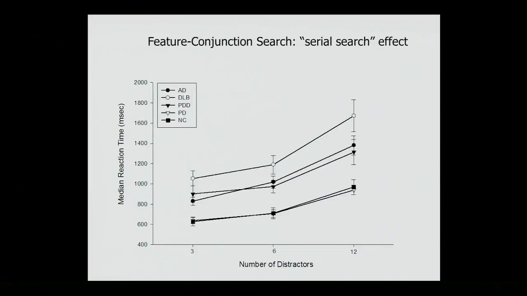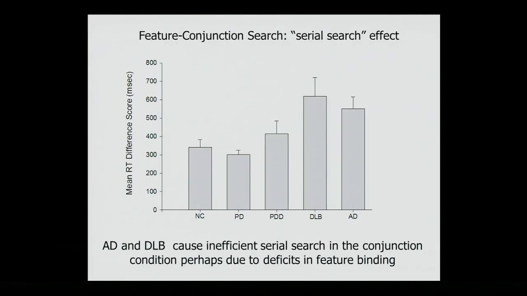In contrast, when we look at feature search, patients with dementia with Lewy bodies and those with Alzheimer's disease actually show a steeper slope than normal control subjects, so that they show a greater cost as the number of distractors increases. It's difficult to see, but if you take the difference between the 3-set distractor size or 12-set distractor size, you can see a little better.